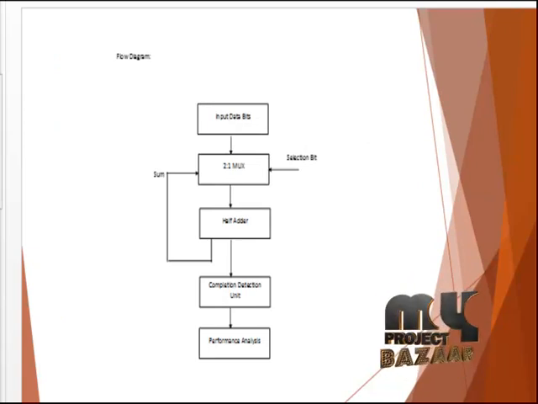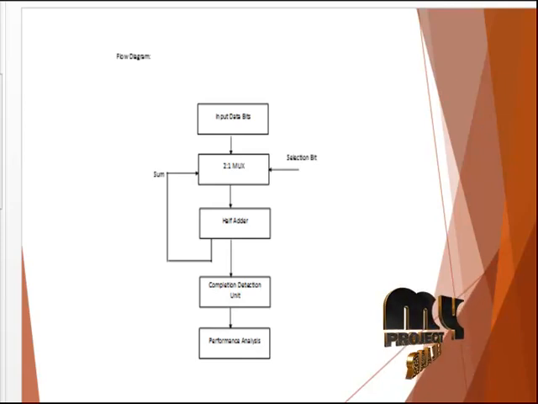We give the input data bits, the binary bits of zeros and ones, and we go to the selection bit of the mux. We choose the level of the 2:1 mux we have selected, and then go to the architecture implementation using FinFET design for the adder process.